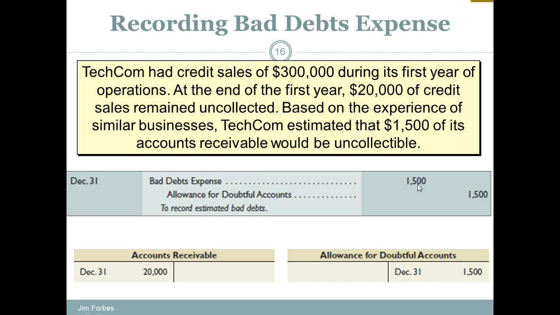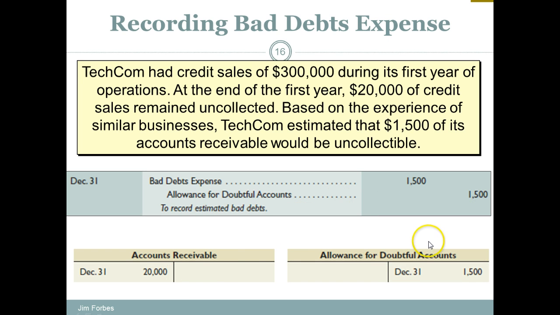But are you really attributing it to any particular account? No. You're attributing it to an allowance for doubtful accounts. So you have to create another account in your chart of accounts called allowance. This is a reserve for some future bad debt that you expect to be writing off.